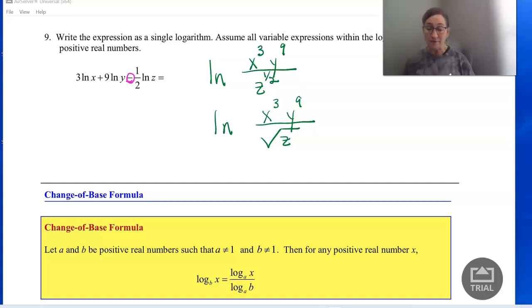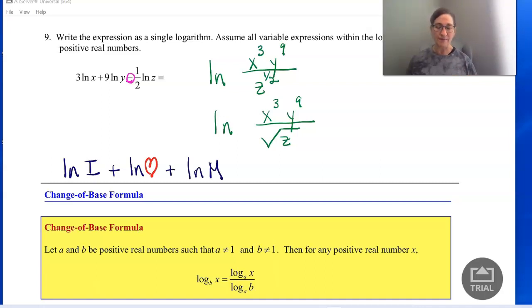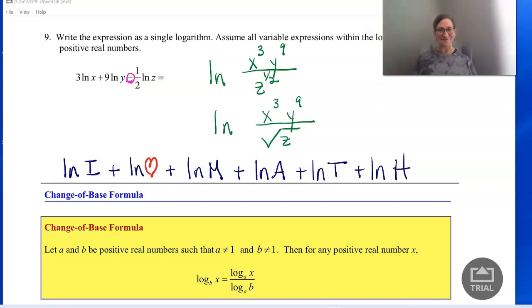Okay, so if you take the natural log of I, plus natural log of a heart, plus natural log m plus natural log a plus natural log t plus natural log h.